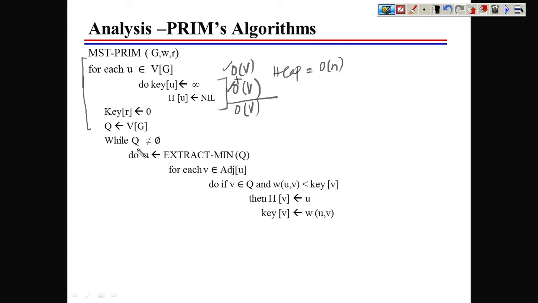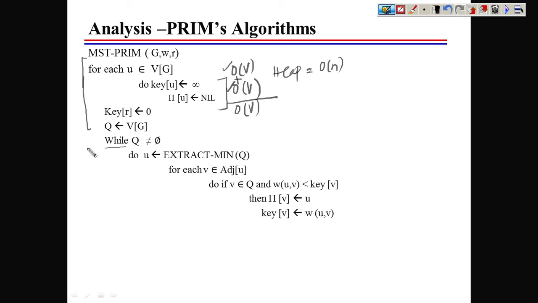Now while Q is not empty, we perform extract min. We extract the minimum value from the heap, and we do this for all the vertices; we have V number of vertices.